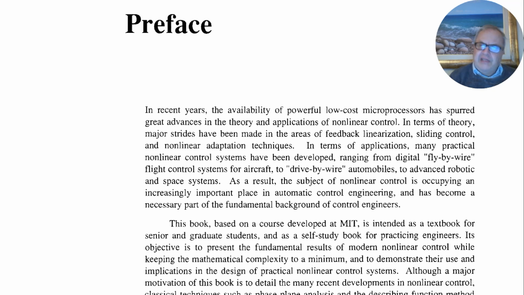So, for a linear system, an input A gives output B. 10 times A must give 10 times B in linear systems. Nonlinear systems are systems where you don't have this concept.